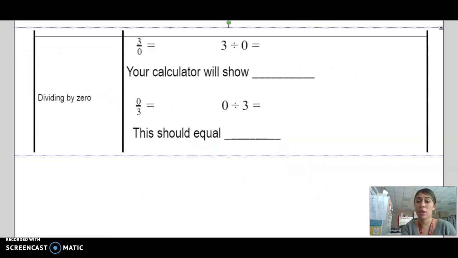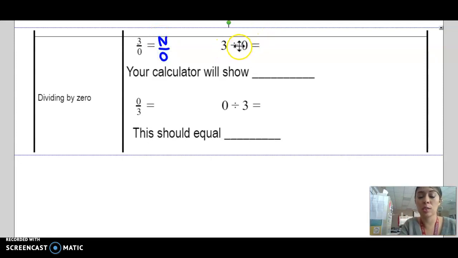And then the last part of the notes is dividing by 0. When you divide by 0, you have to be very careful. When you divide 3 by 0, that is going to give you an error. That is actually undefined. So that is going to be a no. You cannot divide by 0.